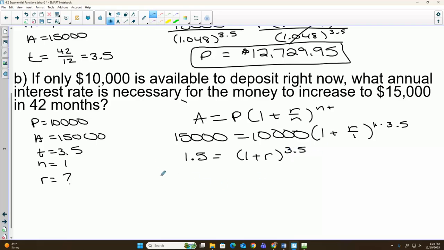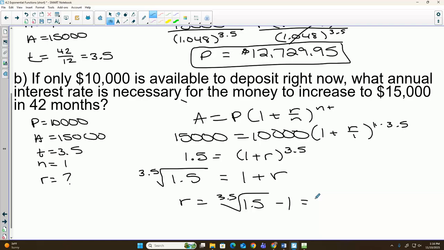What's the opposite of a 3.5 power? Yeah, you can think of it as a root or a 1 over that. Okay, it looks ugly, but we're going to put it all in the calculator anyway. So to get R by itself, you have the 3.5 root of 1.5 minus 1. So we could solve for different variables here. And I got 0.122.